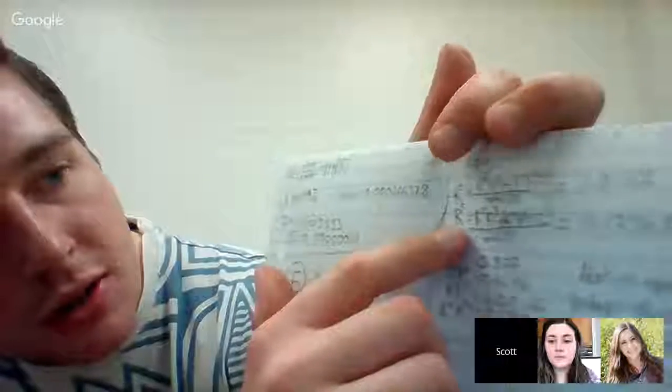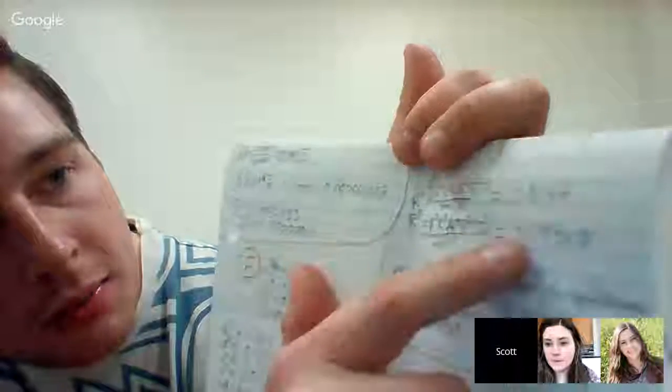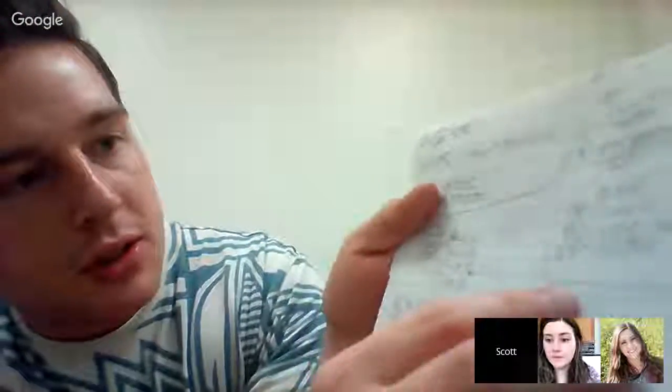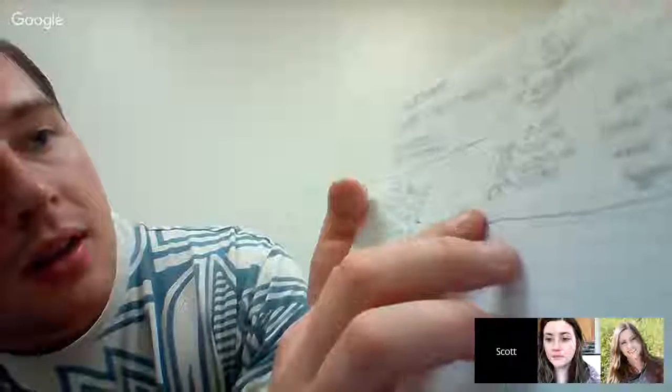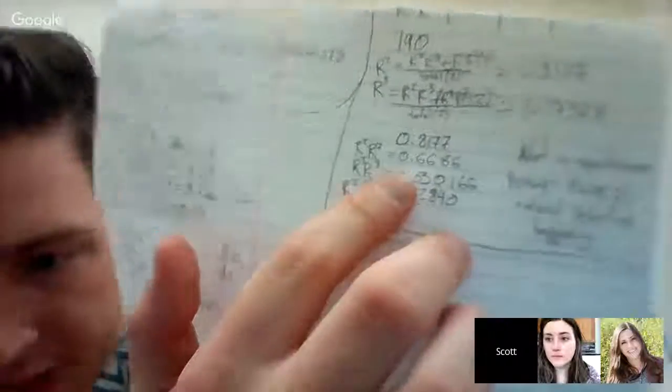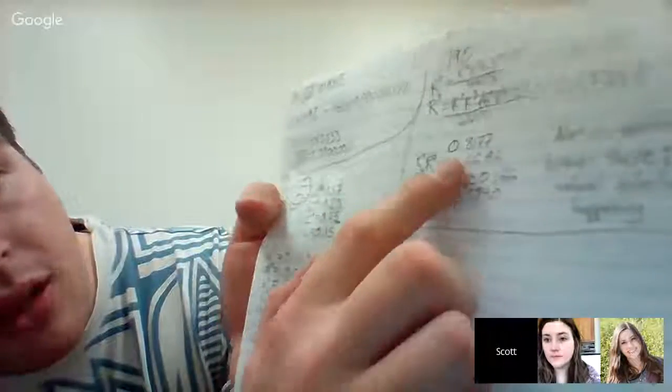Then you do the same thing for R cubed and get that allele frequency. By knowing these allele frequencies, you're then able to come up with the frequencies of each of these genotypes right here.